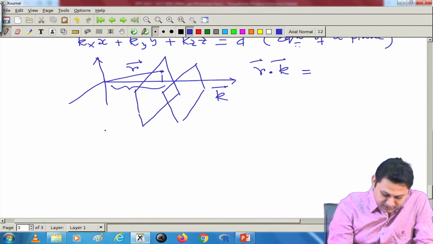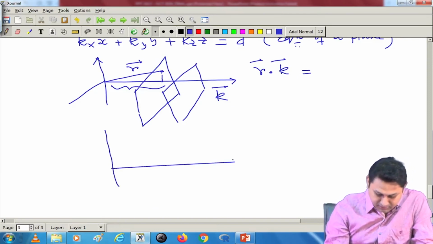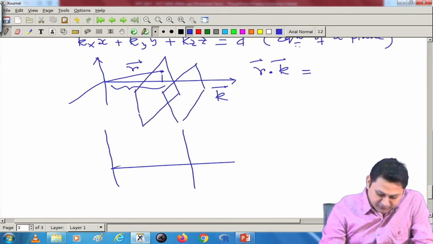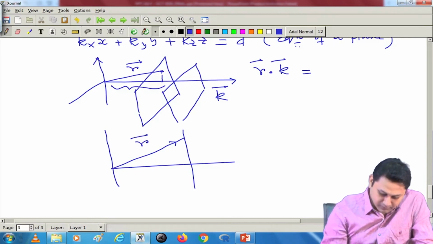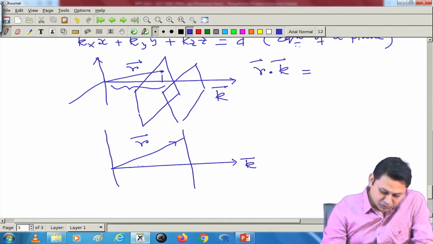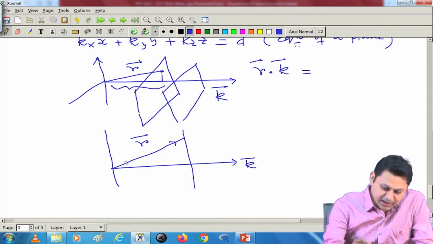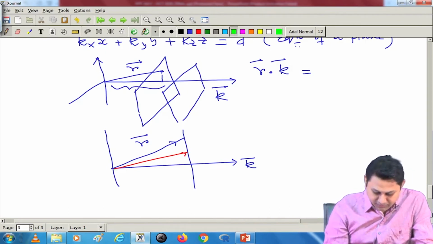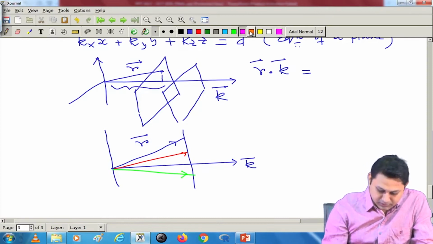So, if I look at this thing in this way, this is the plane I have and this is my r vector, and this is my k. So, when I have k dot r, this is one r, I can have more r. This is another r, another point, this is another point, this is another point.